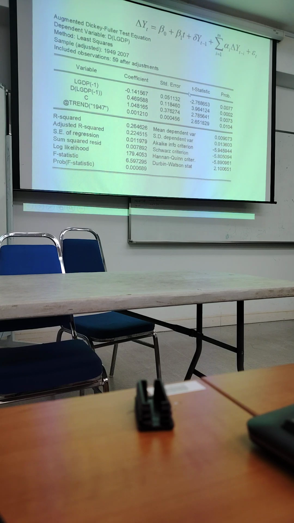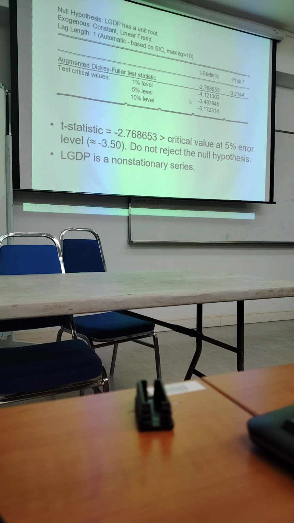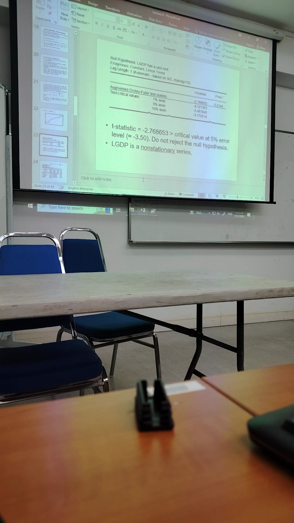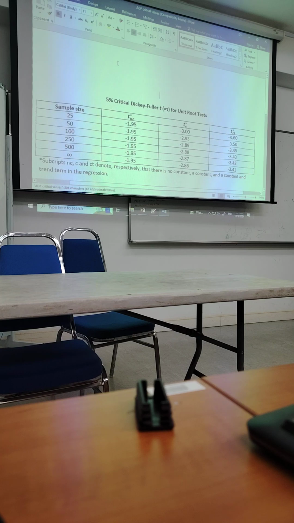So here, negative 2.768. This is the test statistic. We cannot rely on this p-value. This is a test statistic, negative 2.76, and we have to compare it with the critical value proposed by Dickey-Fuller, which is this one, the same as in the files I shared on Spectrum, the augmented Dickey-Fuller files.